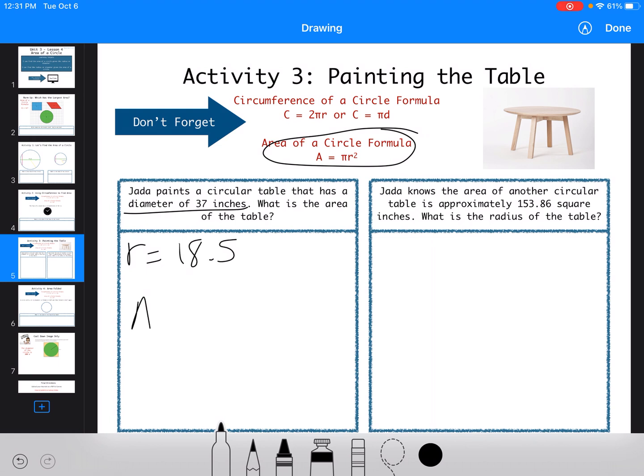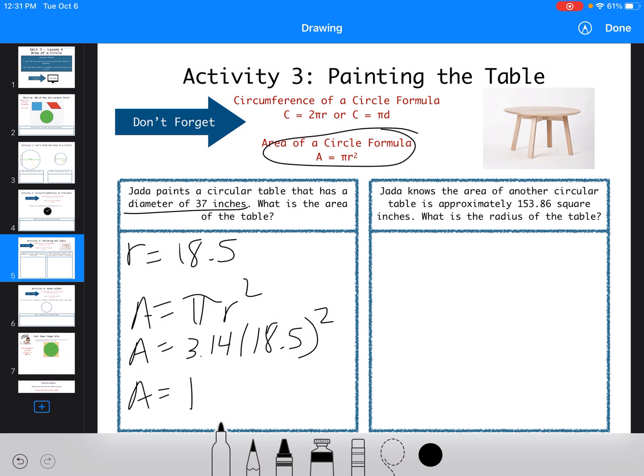So area equals pi r squared. So area equals 3.14 times 18.5 squared. So 3.14 times 18.5 times 18.5. I get 1,074.665, and that's going to be inches squared.